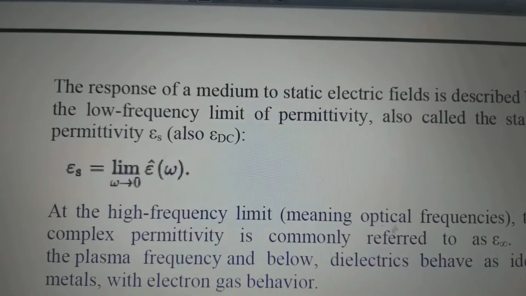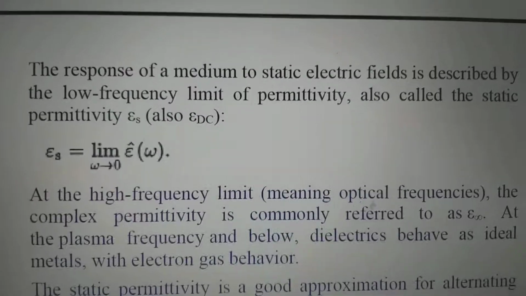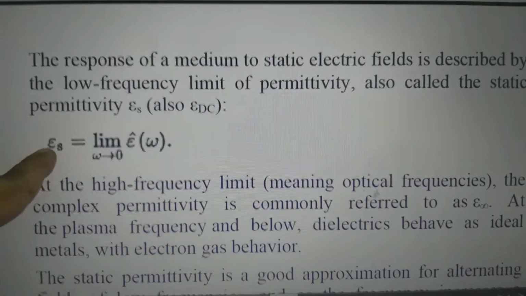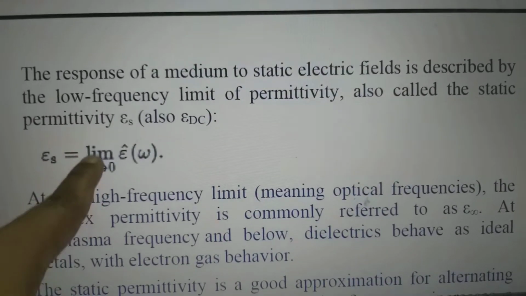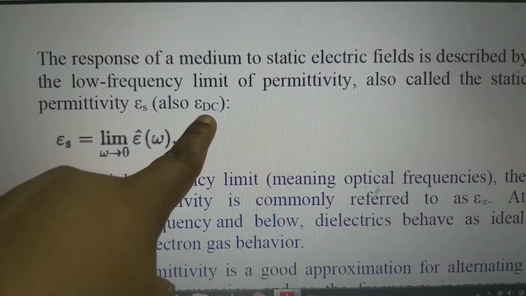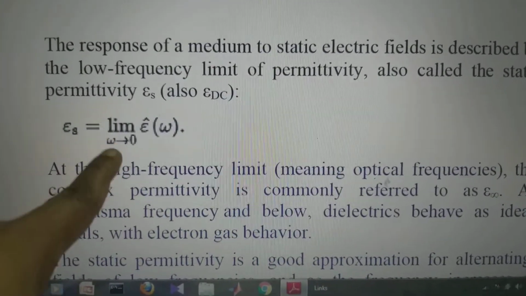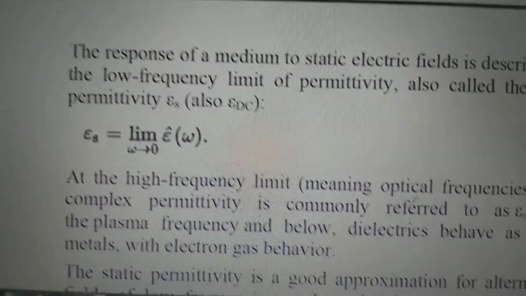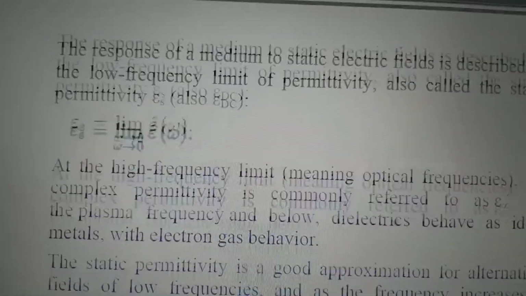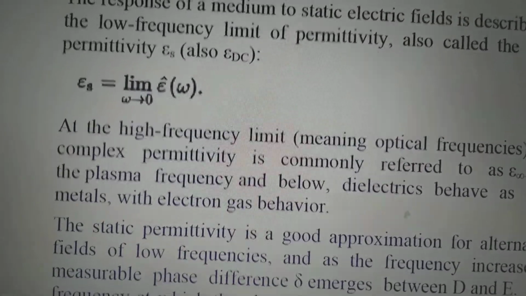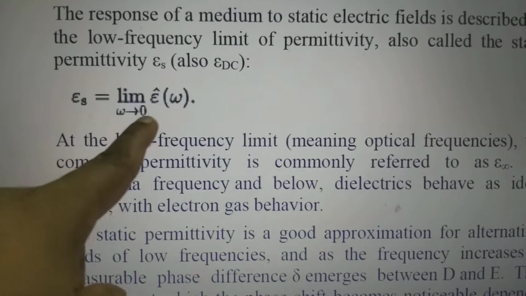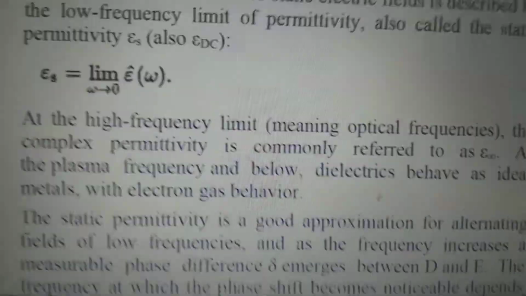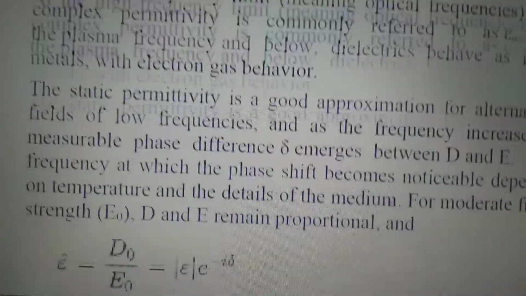At low frequency, this permittivity is known as the static permittivity. Low frequency sometimes means DC also. For DC, we know the frequency is 0. So the limit omega tends to 0, epsilon of omega is equal to epsilon S, the static permittivity. For high frequency, that is optical frequency, epsilon of omega is termed epsilon infinity, where the limit omega tends to infinity.